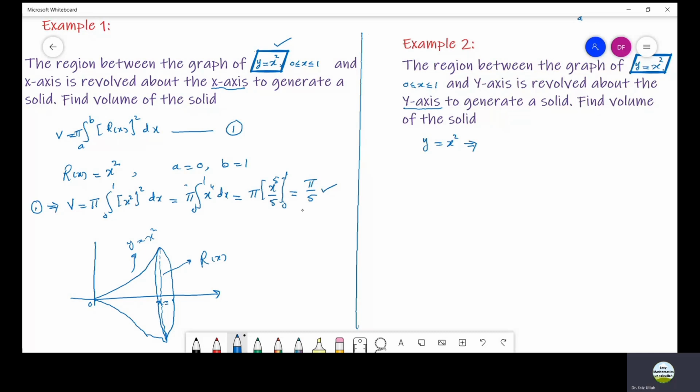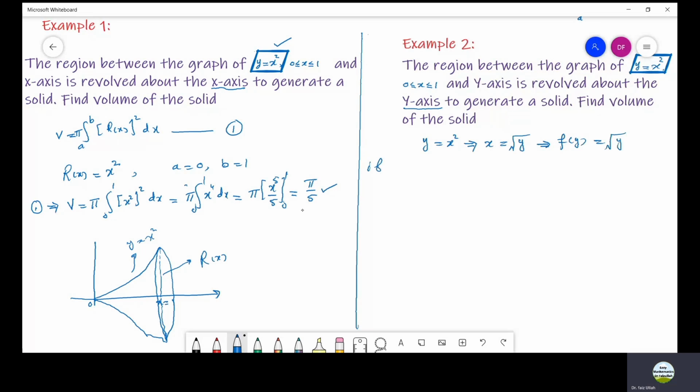So taking square root of both sides, we have x is equal to y under the root. And as the limits are from 0 to 1, it means it is above the x-axis. So now here, this is the function f of y, which is equal to under root y.